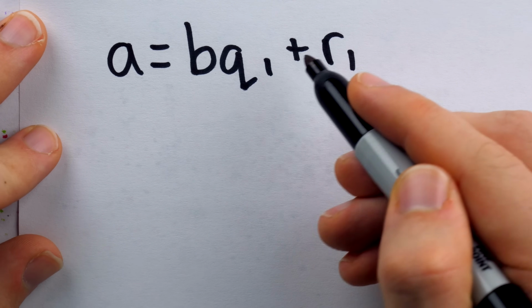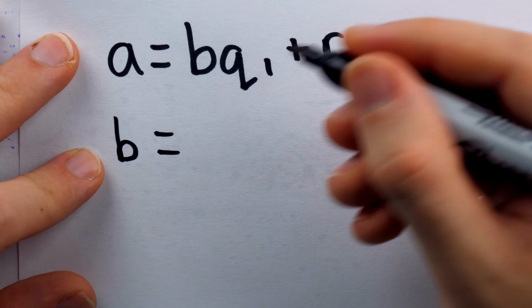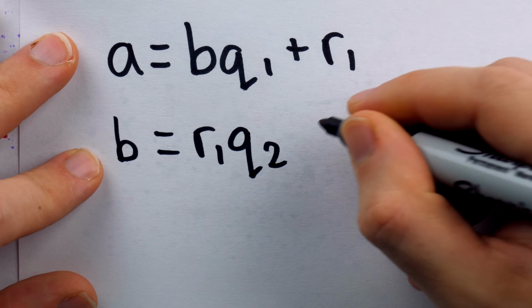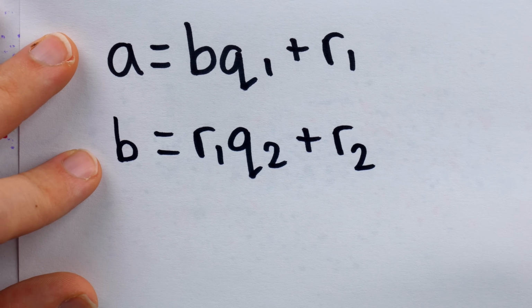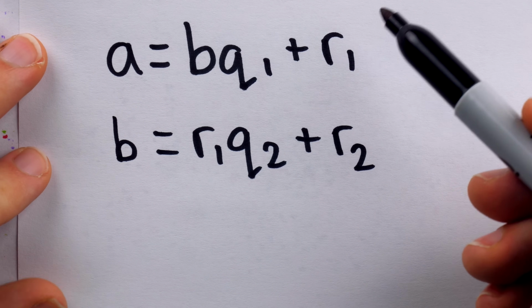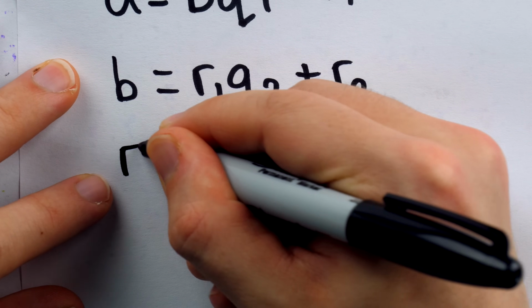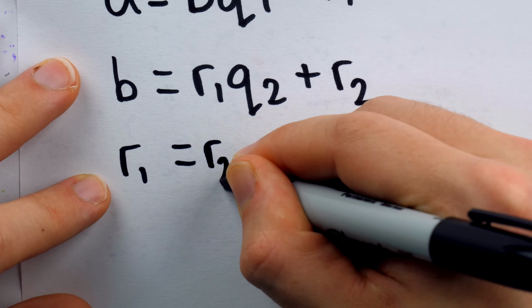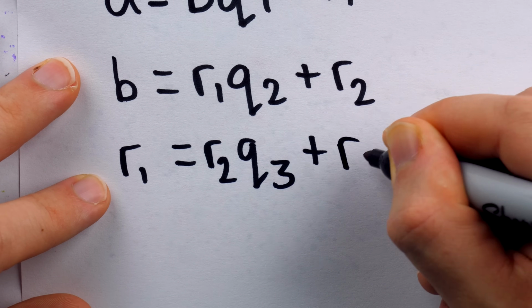We then do the same thing with b and that first remainder, and write b as some multiple of the first remainder, so r1 times, say, q2, and of course we have plus some other remainder, r2. After writing b in terms of the first remainder, we then write r1 in terms of the second remainder, and so have that r1 is equal to r2 times some quotient, say q3, plus a third remainder, r3.